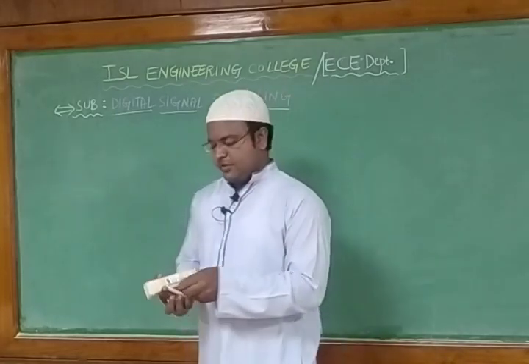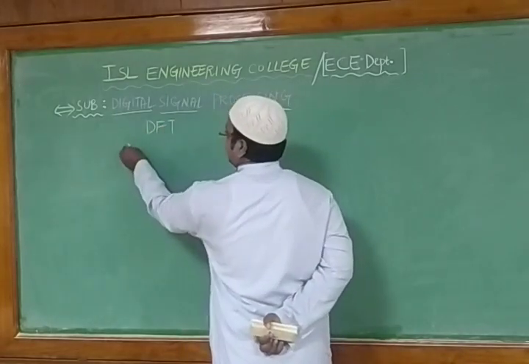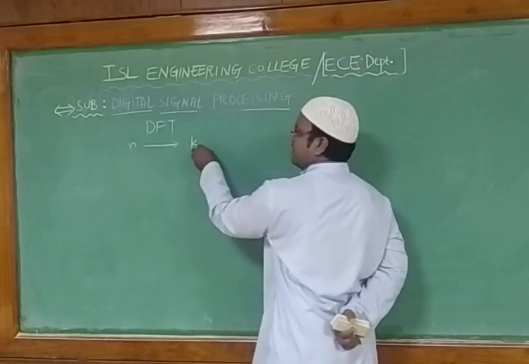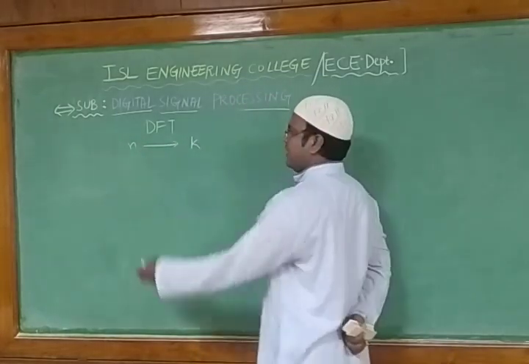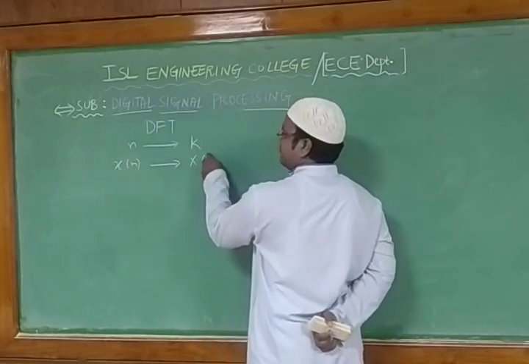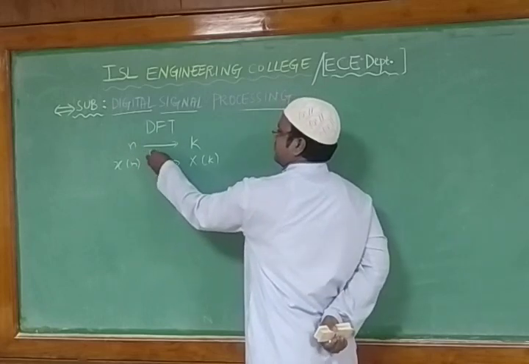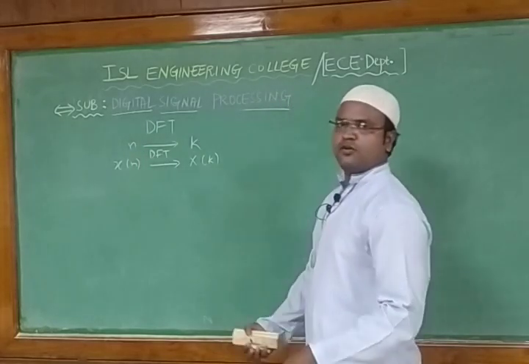So what is DFT? First thing we have taken. In DFT, we convert the n domain signal into k domain signal. That means if you have the input signal x of n, we convert it into x of k.